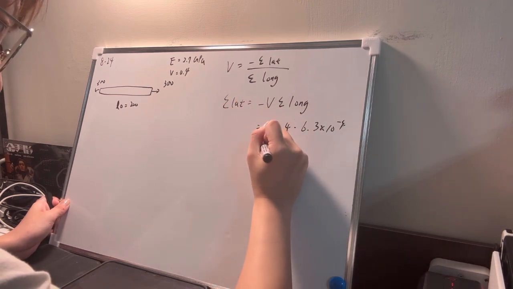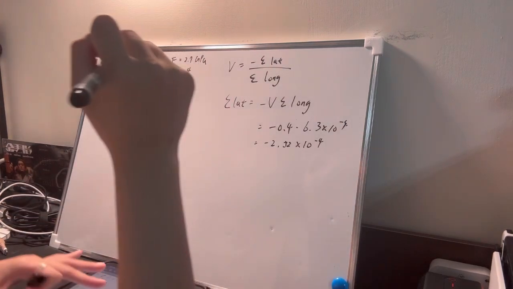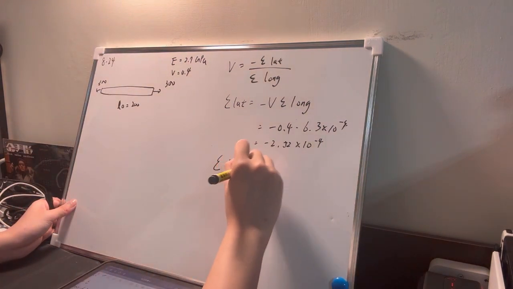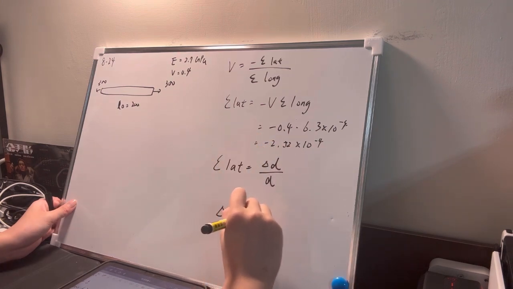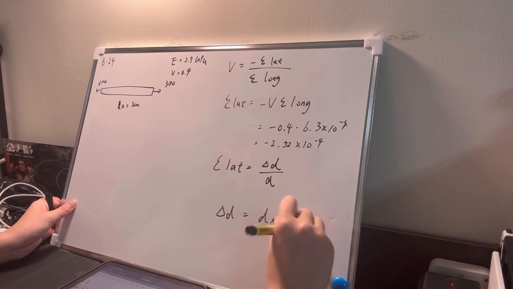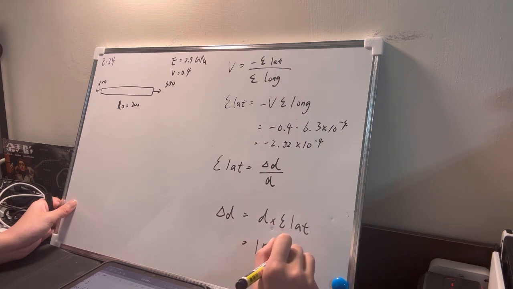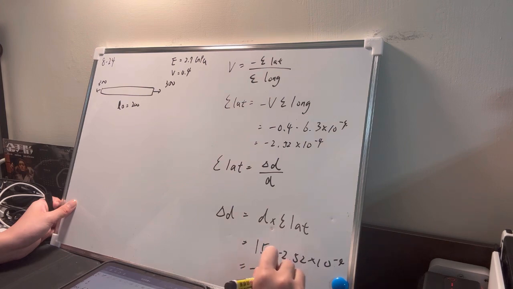So LAT will be minus 2.52 times 10 to the minus 4 here. And you also use this function for D. So this change in D will equal D times LAT. So the original D is 15 and times this, so it will be equal to minus 0.0038 mm here.